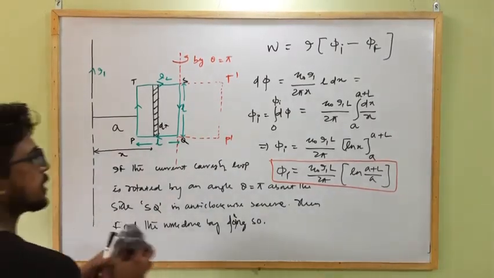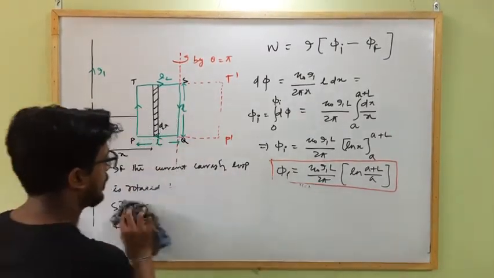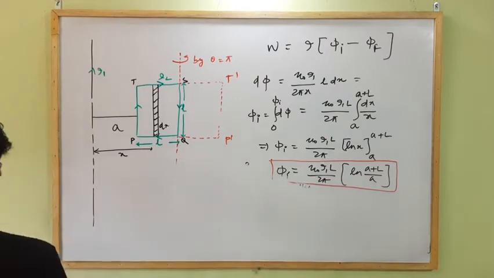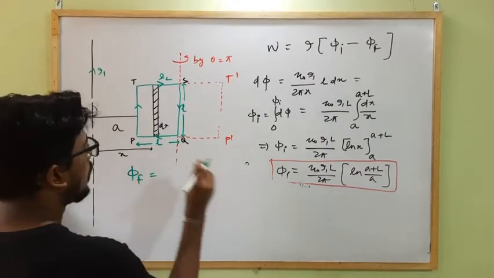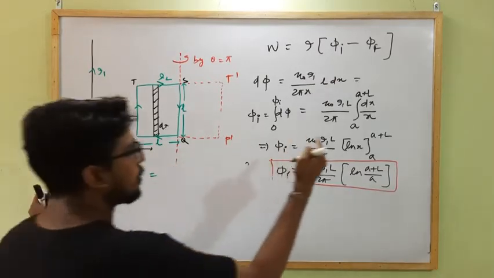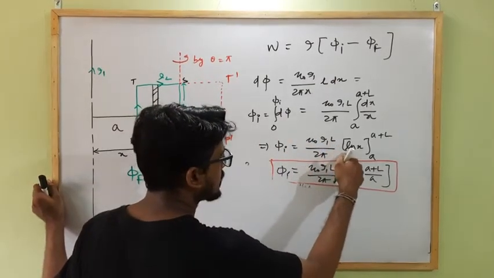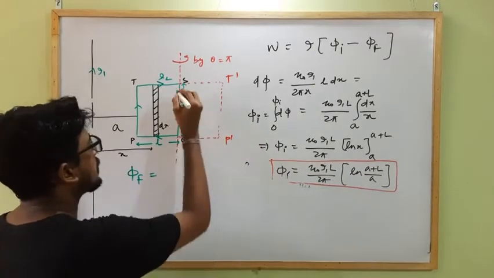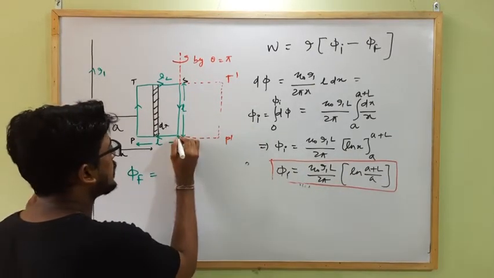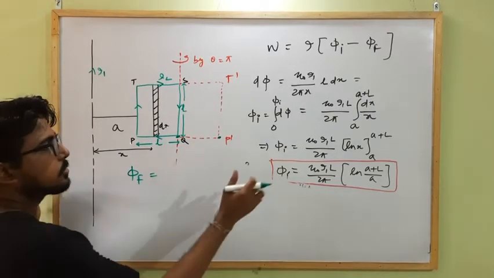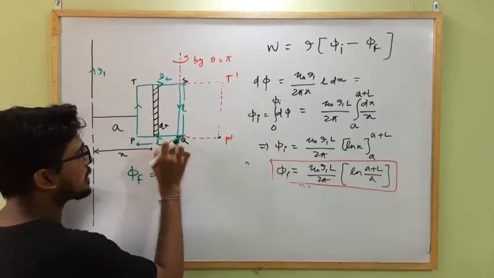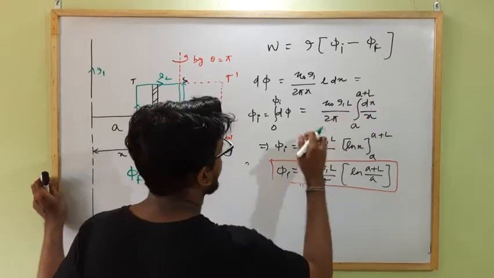Similarly, what is the expression for φ final? This is the expression for any distance x. So for φ final, that means the flux linked with the coil from this position to this position, Q to P dash. So at any place x, this is the expression for flux.